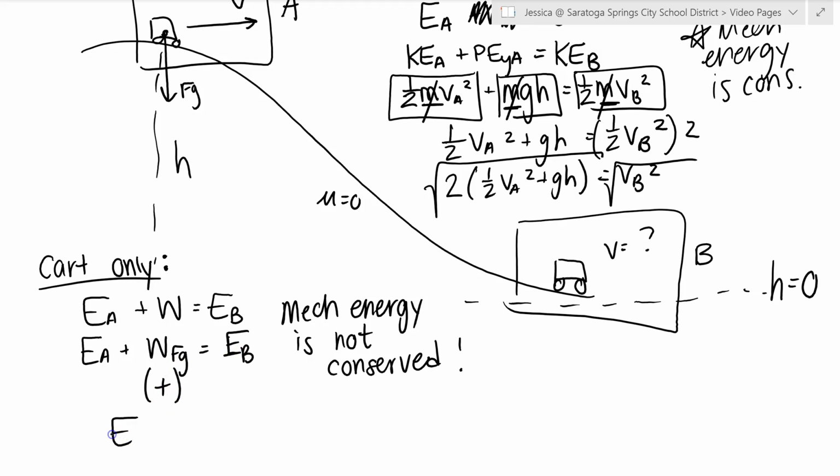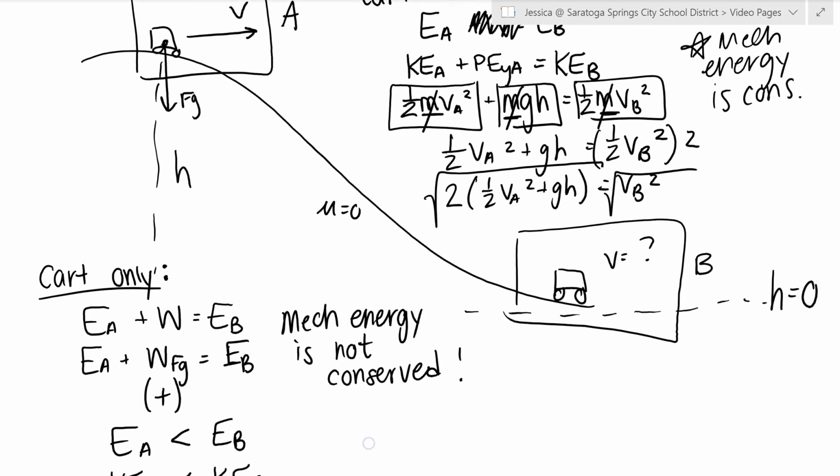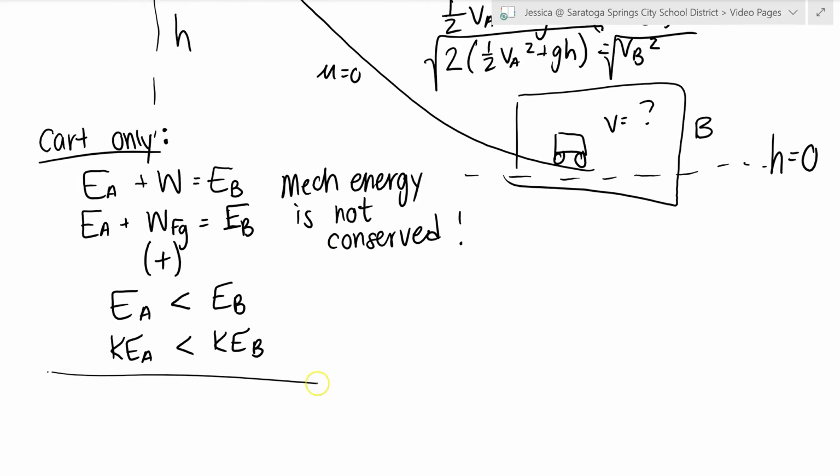Which means that our mechanical energy at A is going to be less than our mechanical energy at B, which makes sense because if there is no gravitational potential energy, then the only energy we can really take into account is the kinetic energy. Right? We are definitely moving faster at B than we are at A, so this makes sense.